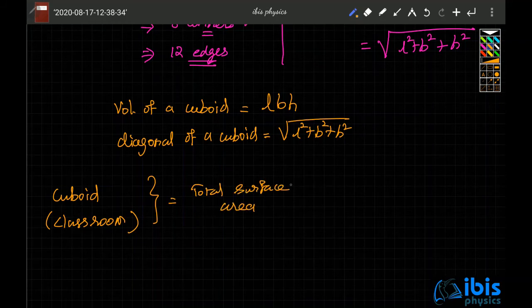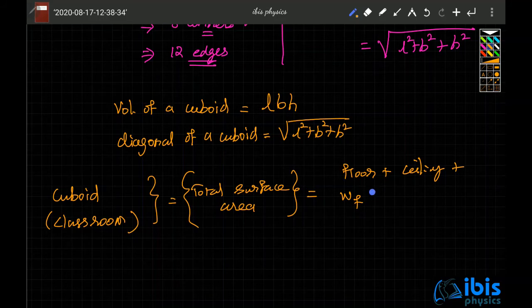The total surface area is actually equal to one floor plus ceiling plus wall in front, wall behind. So wall in front plus wall behind plus wall on your right plus wall on your left. So how many faces are there? 6 faces.